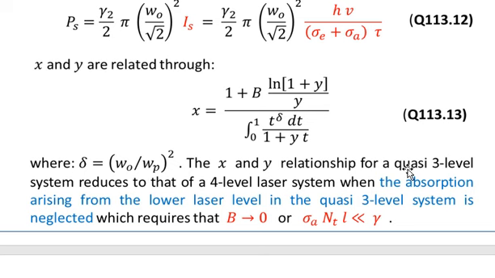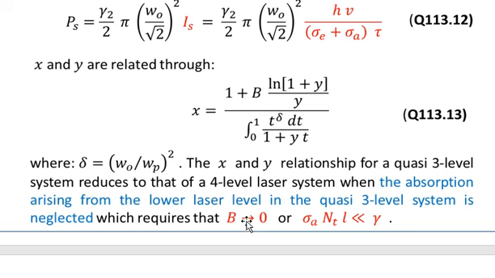The X and Y relationship for the quasi 3-level system reduces to that of a 4-level laser system when the absorption arising from the lower laser level in the quasi 3-level laser system is neglected. So if we neglect the absorption from the lower laser level back to the upper laser level, then of course X will reduce to that of a 4-level laser system.